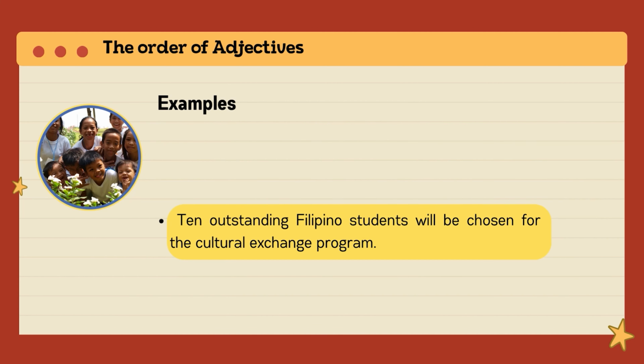Number 1. Ten outstanding Filipino students will be chosen for the cultural exchange program. Let us identify the noun that is being described. It is the students, right? What about them? They require 10 outstanding Filipino students. They limited it to only 10 and required a standard that should be outstanding and is only limited to Filipinos.